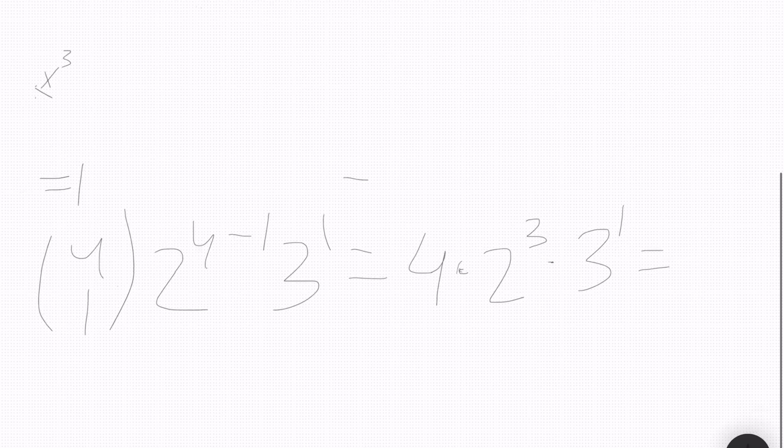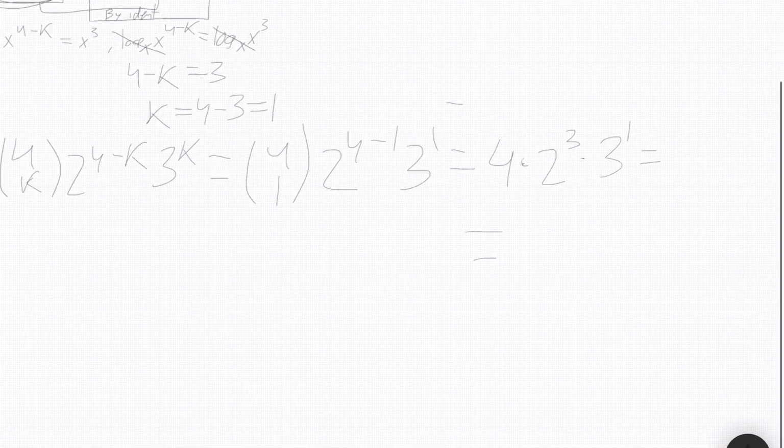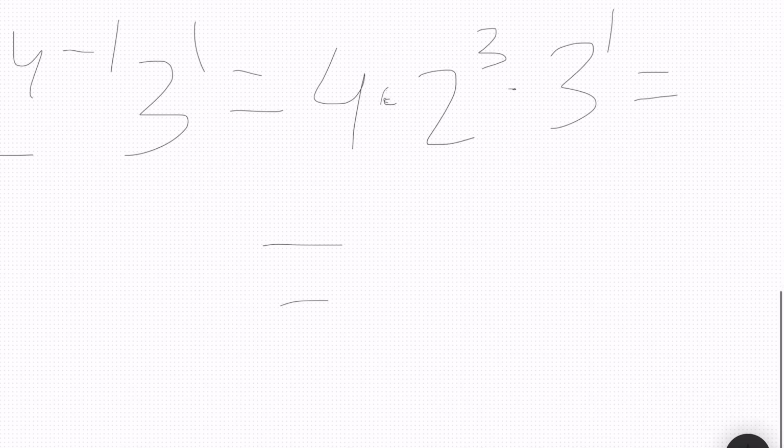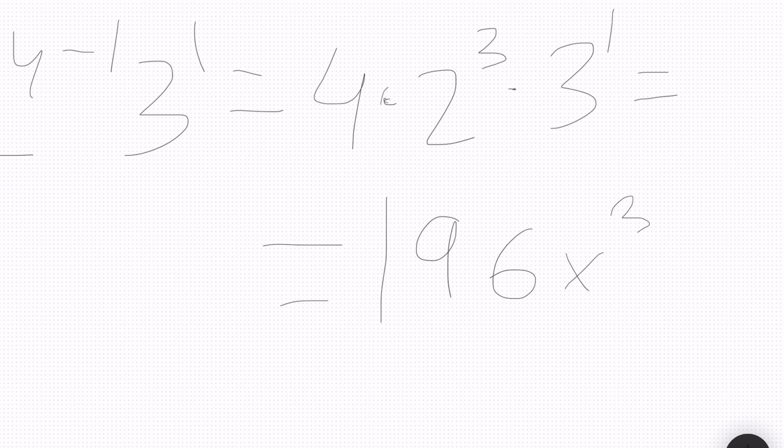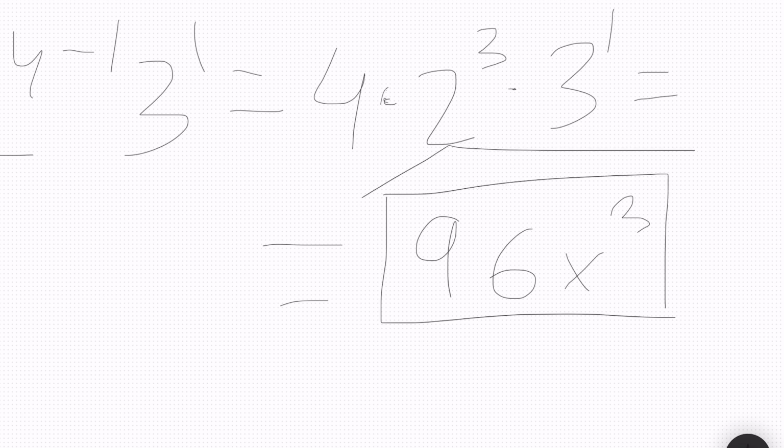This is equal to 4 times 2 to the power of 3, which is 2 times 2 times 2, 8. 4 times 8 is 32, and 32 times 3 is 96. So we have that our x to the power of 3 term is 96x cubed, and this is our result.